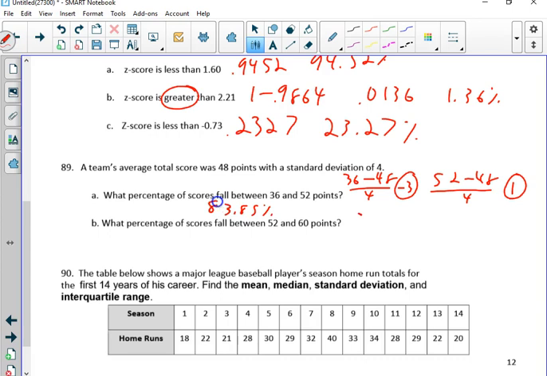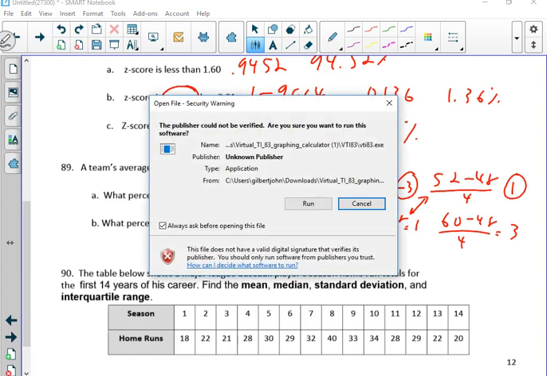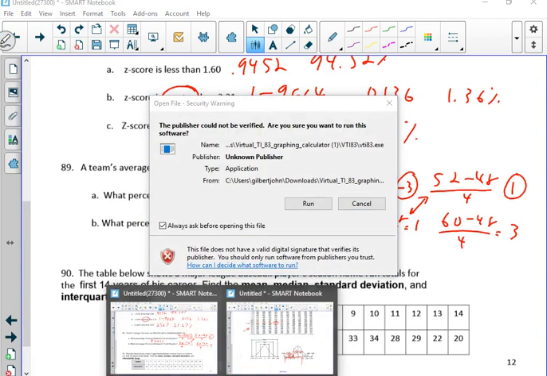Now, I'm going to do 52 minus 48 over 4, which I already know is 1. Same problem. And then 60 minus 48 divided by 4, which is +3. So I'm going back to the same concept here.